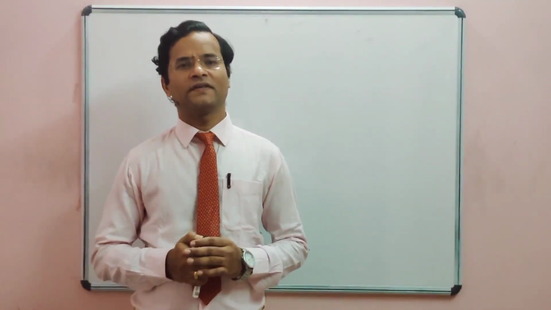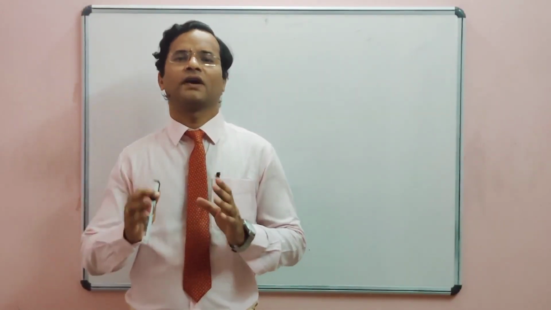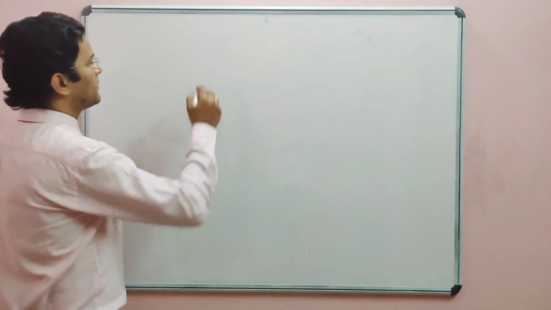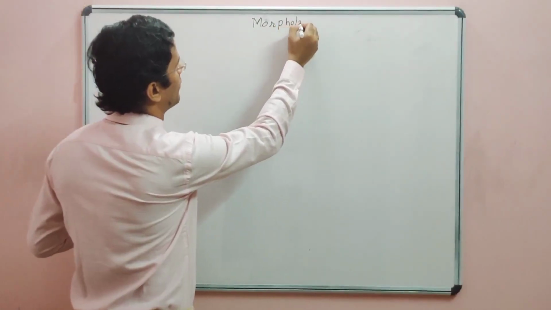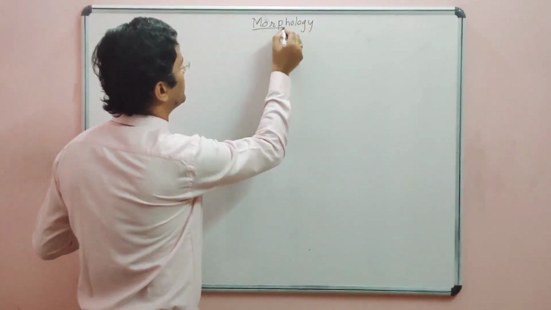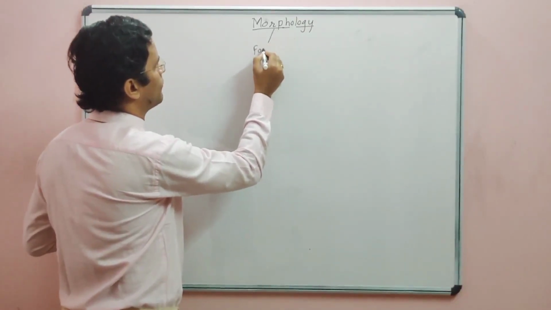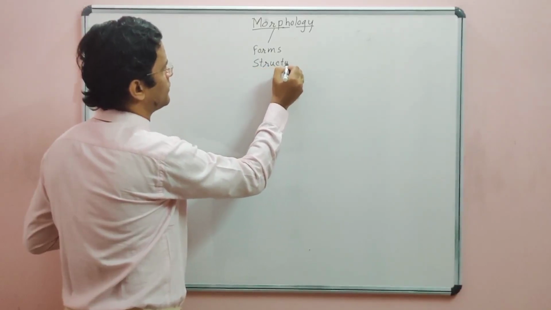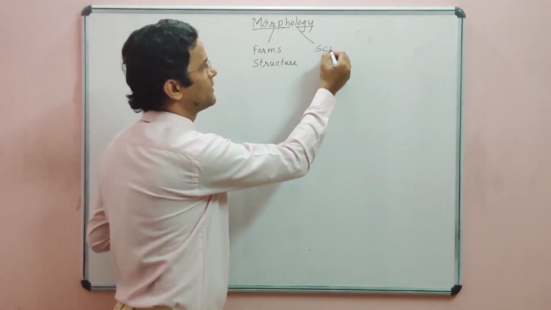Morphology is a Greek word in which morpho and logos are two different words. Morpho means the forms, or we can say the structures, and logos means the science or study.